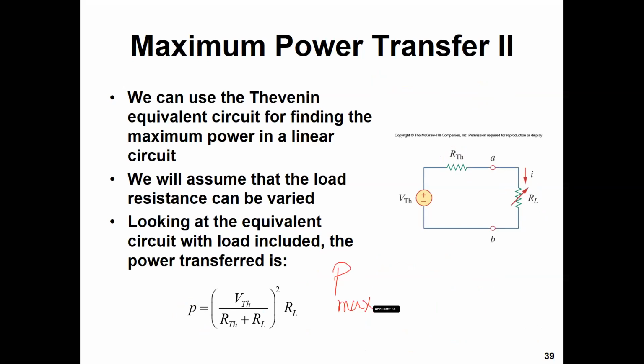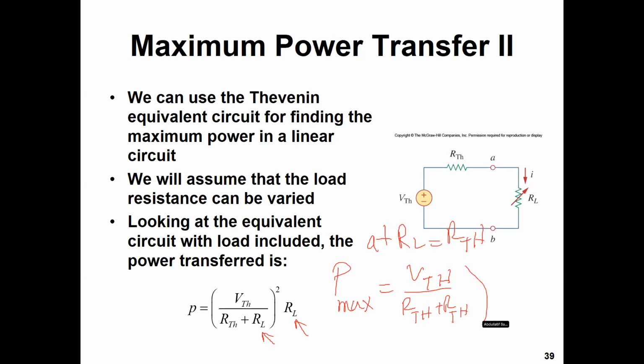So at RL equal to RTH, we plug in RTH for RL here. So we'll have VTH over RTH plus RTH, squared, multiplied by RTH. This is at the condition where RL is the same as RTH.